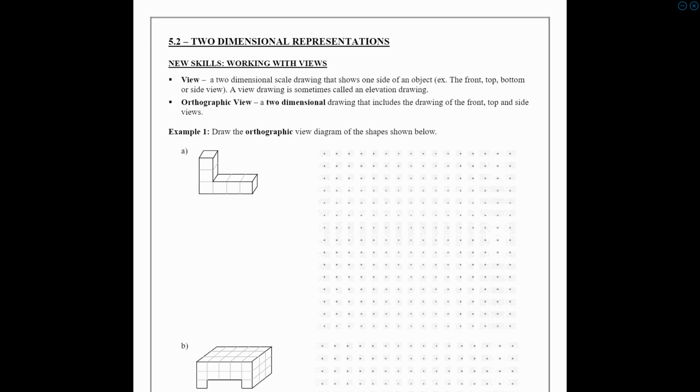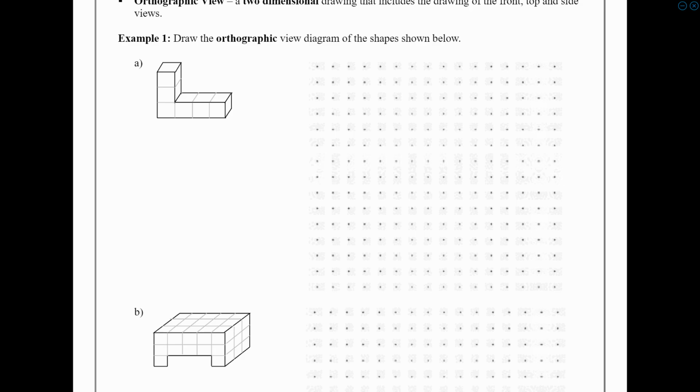So what we'll be thinking about is, first of all, we need a front view of this object. All that's saying is, we're taking a look at this object from the front, and we're just saying in two dimensions, what do we see? From the front, we see 1, 2, 3 high, and 4 deep.